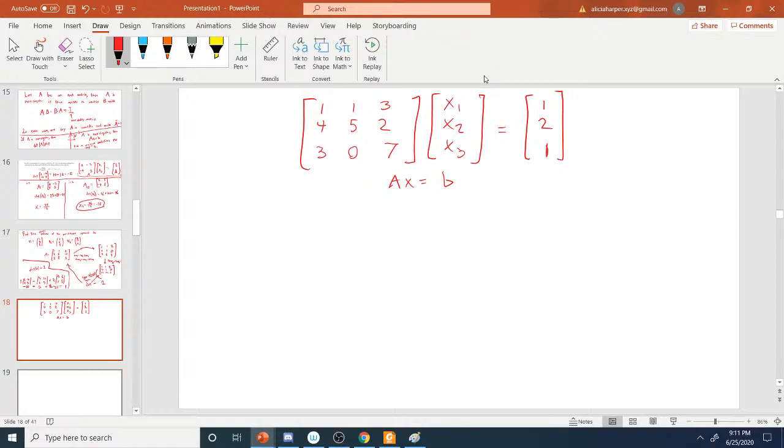The first thing I'm going to do is compute the determinant of A. I'll do this via a cofactor expansion.